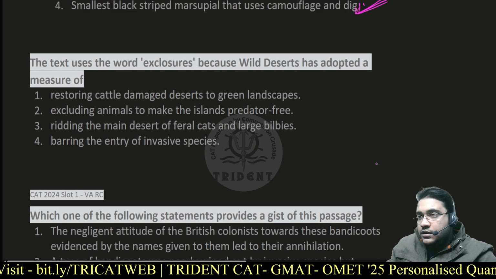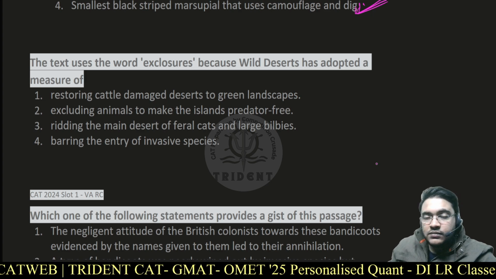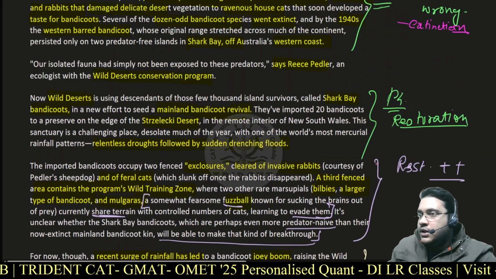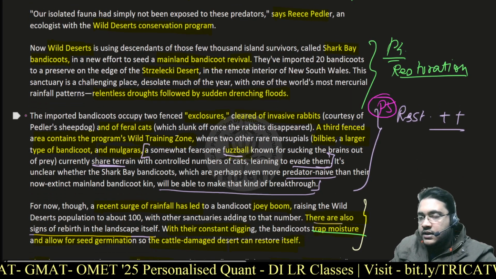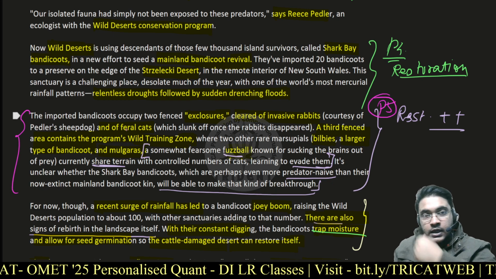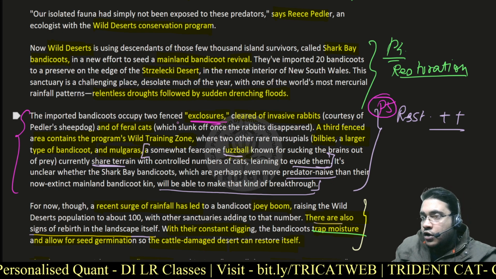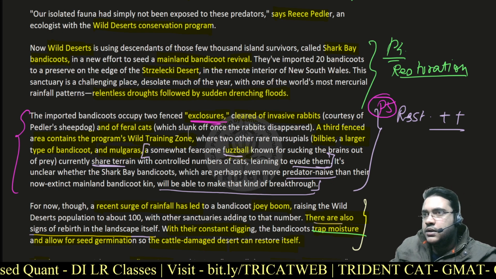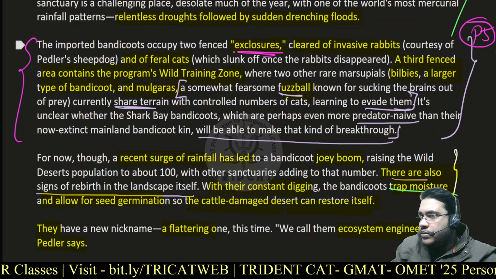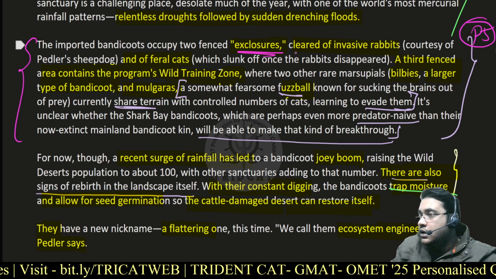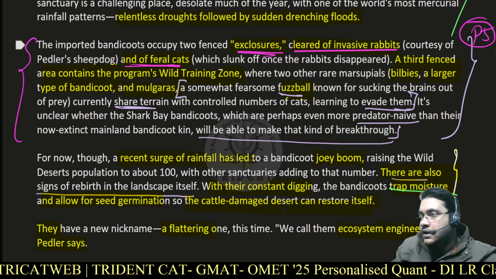The text uses the word exclosures because wild deserts has adopted a. Okay, interesting. This is something that we have to go back to. So let's go back to the exclosure part. I think in para number 5, you can see we are using this word exclosures, right? So the imported bandicoots occupy two fenced exclosures cleared of invasive rabbits and feral cats.